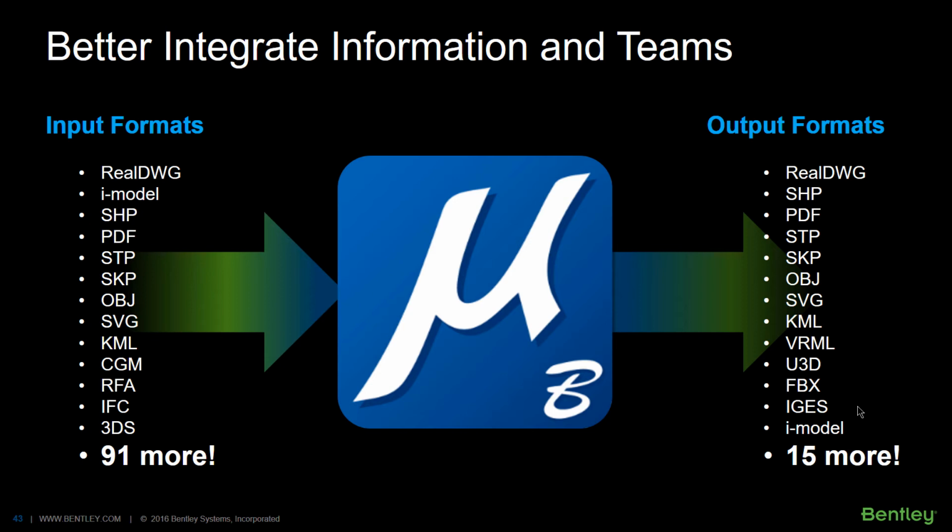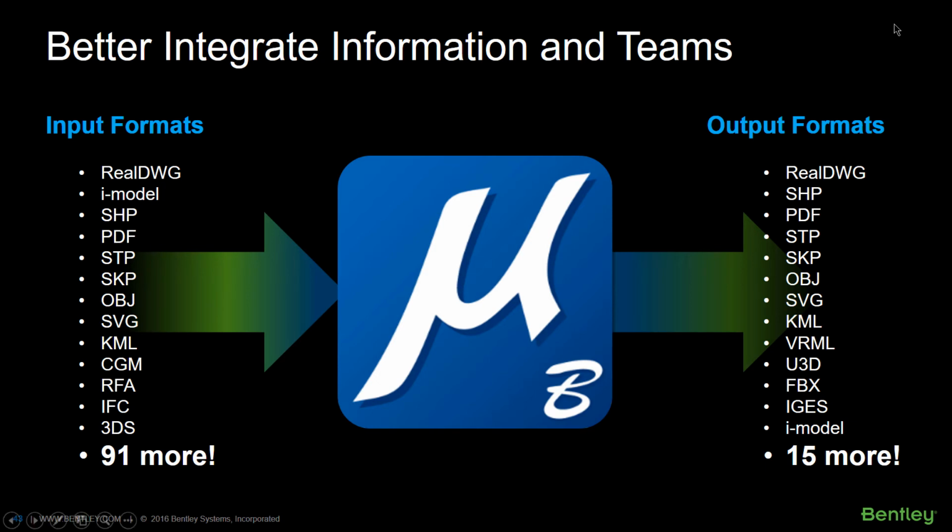It basically allows you to take in any input format and send it out to any output format. So we support lots of different vector input formats, and we can create lots of different output formats. And that doesn't even count all the different versions. For example, we support 7 different versions of DWG.